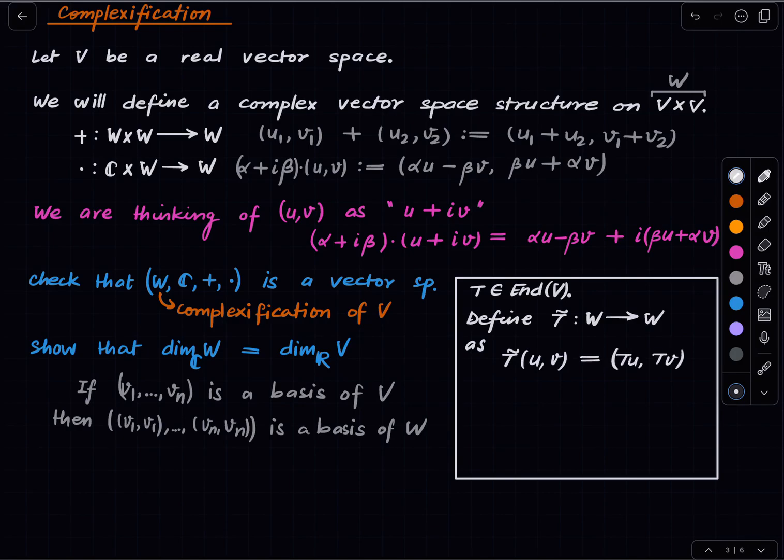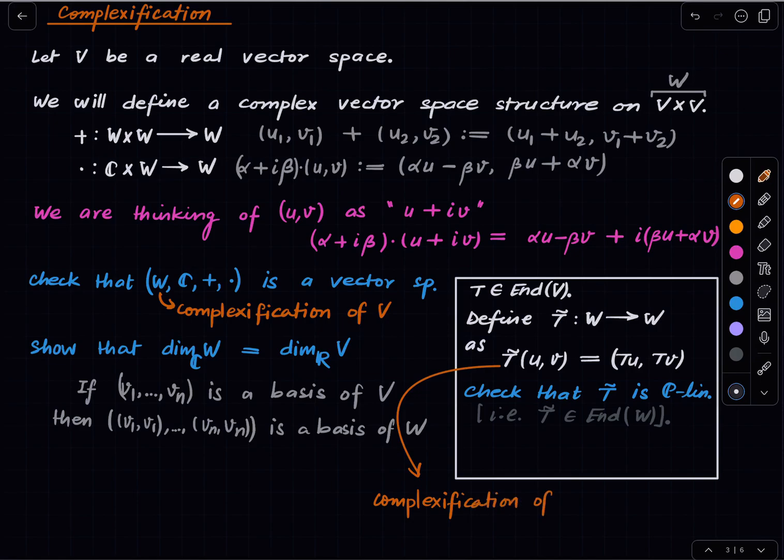Just apply T coordinatewise and check that T tilde is complex linear, which in other words is just saying that T tilde is an endomorphism of W. Okay, and T tilde is called the complexification of T. So we can complexify real vector spaces and complexify endomorphisms on them.